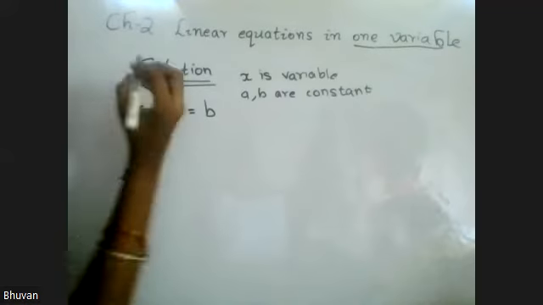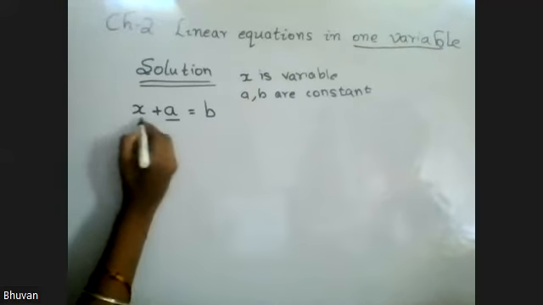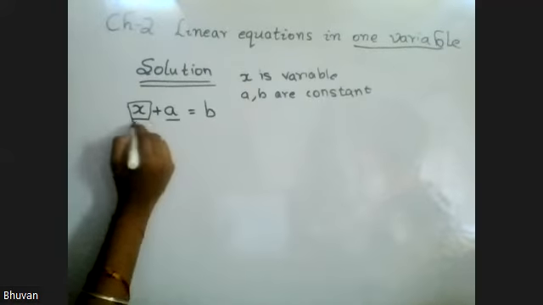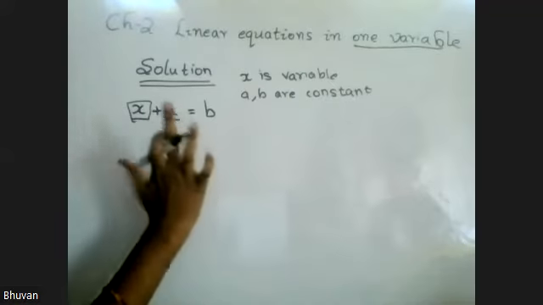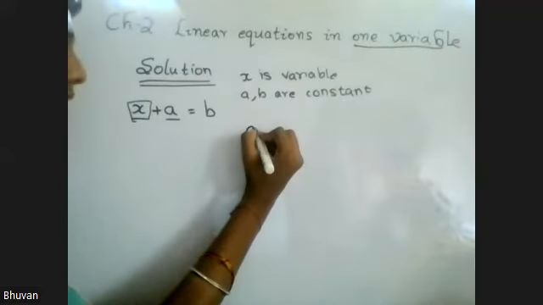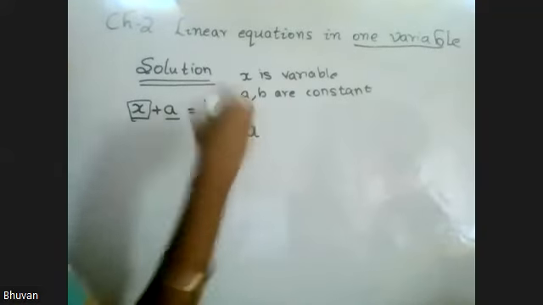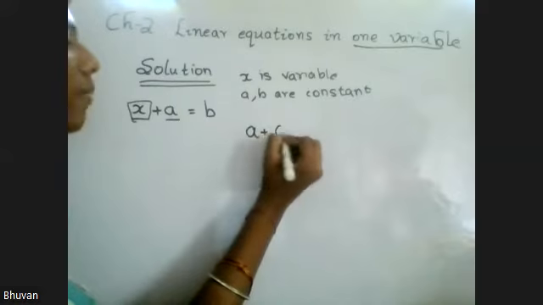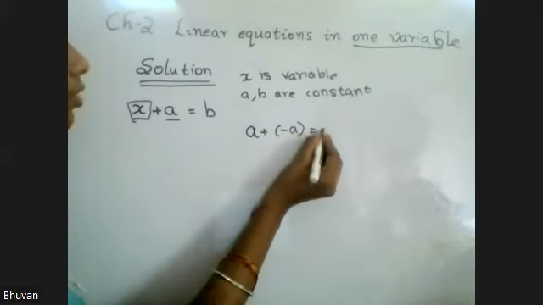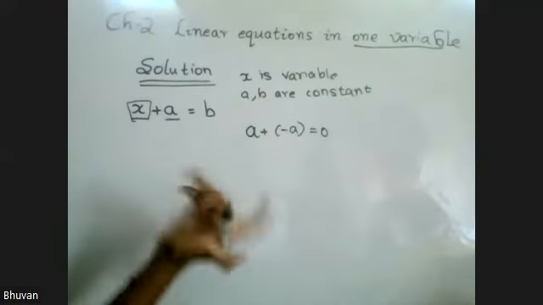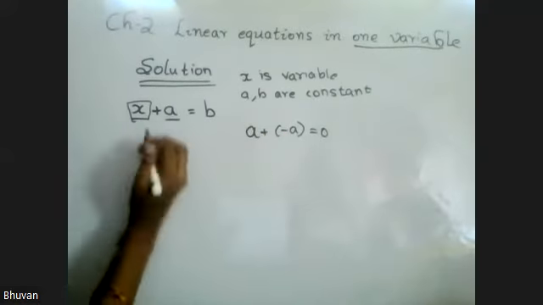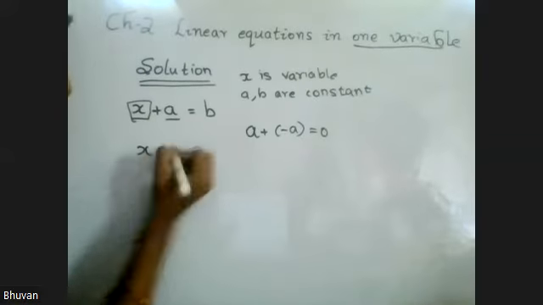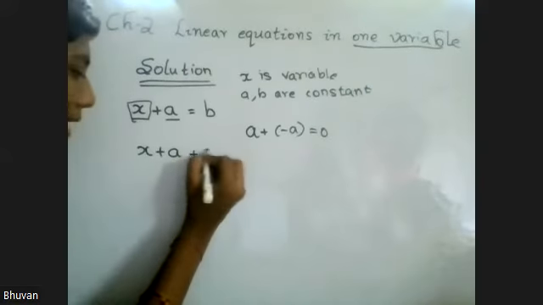First we should eliminate this a in order to find the value of x. How to eliminate a? If you add a with its additive inverse, a plus minus a gives 0. We know this identity, right? So we add the additive inverse of a: x plus a plus minus a.